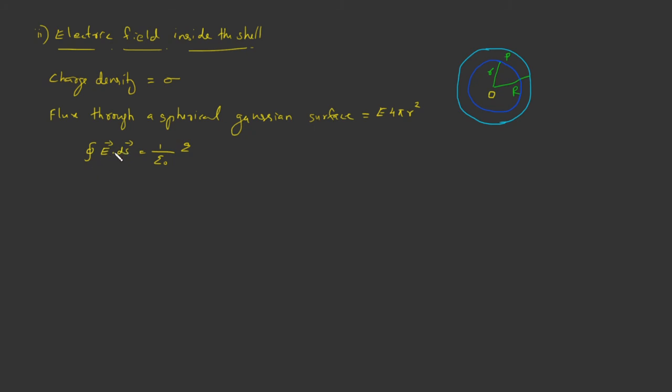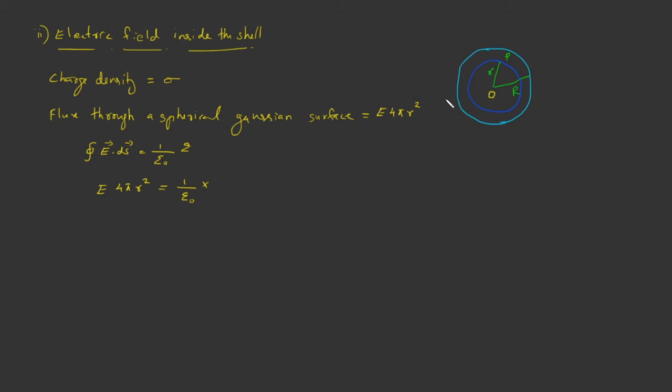Here closed integral E dot ds is the flux through that Gaussian surface, and since it is a spherical Gaussian surface, it is E into 4 pi r square, and that is equal to 1 by epsilon 0 times the charge inside that Gaussian surface.